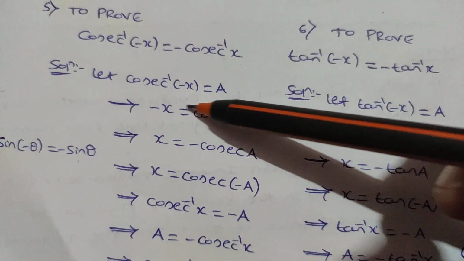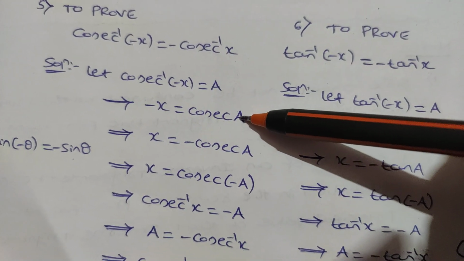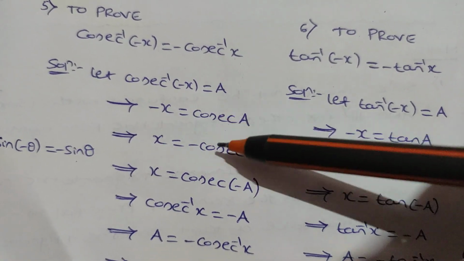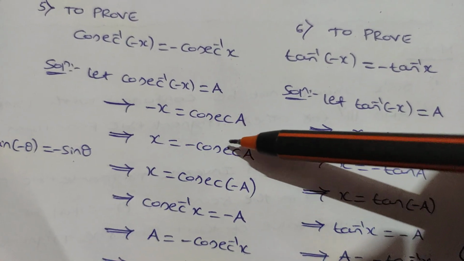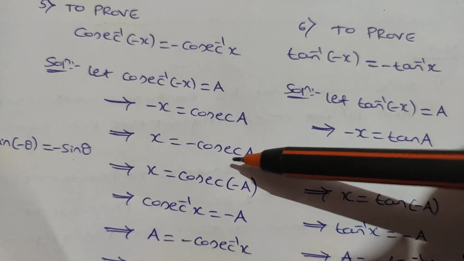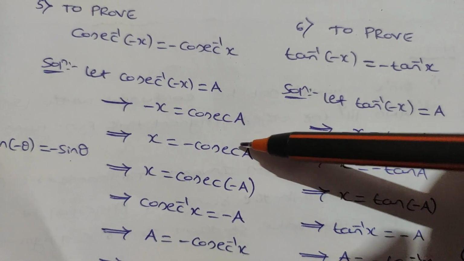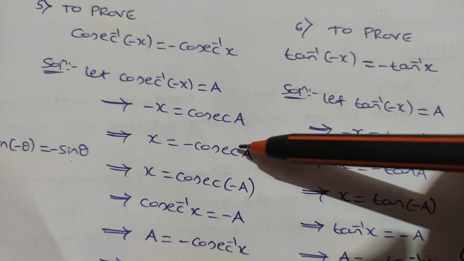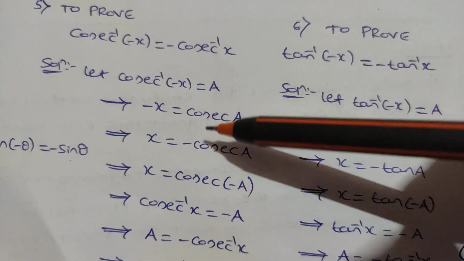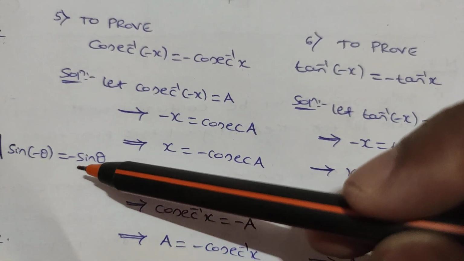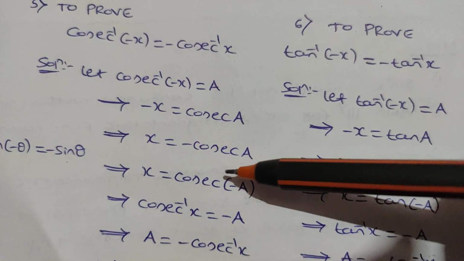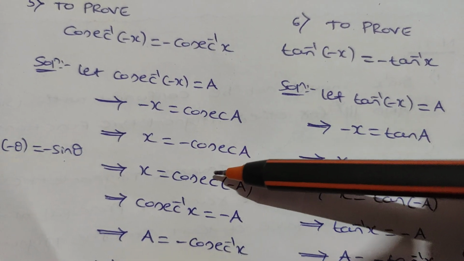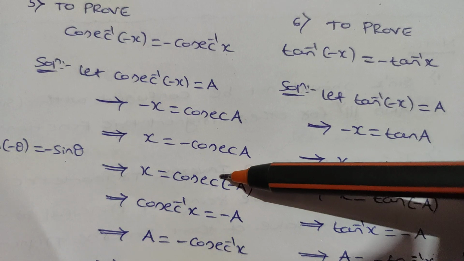Therefore, minus x is equal to cosecant of A, or x is equal to minus cosecant of A. As we discussed in the case of the sine function, similarly here in the case of the cosecant function, cosecant of minus theta will be minus cosecant theta. So this minus cosecant of A can be considered as cosecant of minus A.